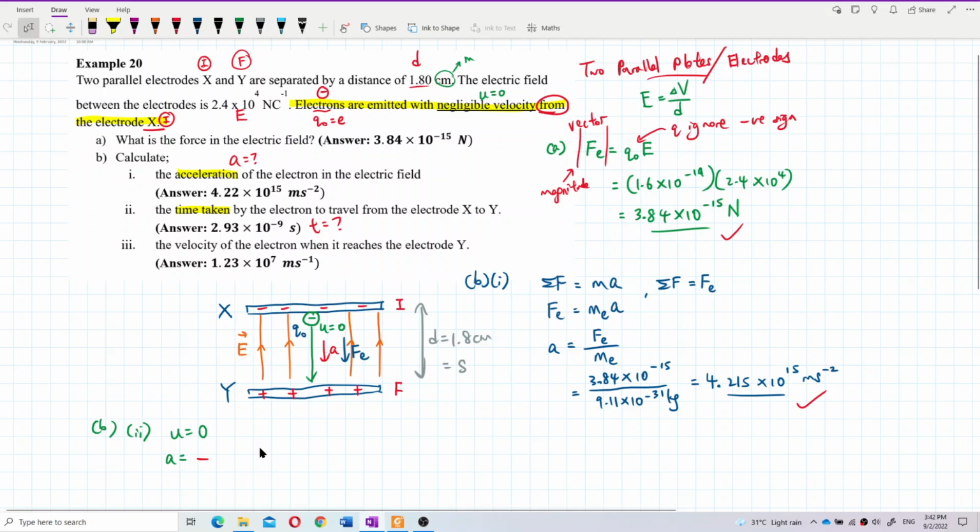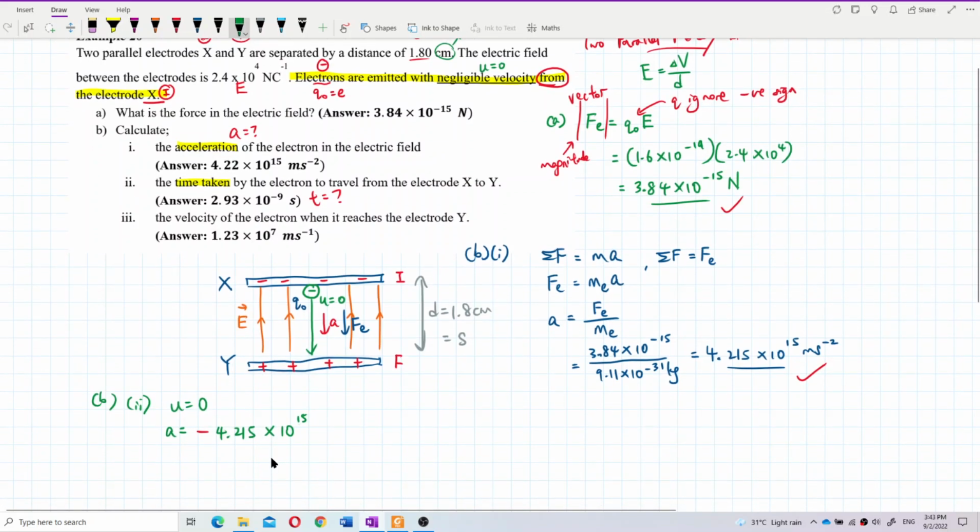So acceleration is negative 4.215 exponent 15 meter per second square. And then the displacement D. The displacement from x to y is also downward, so it's negative.